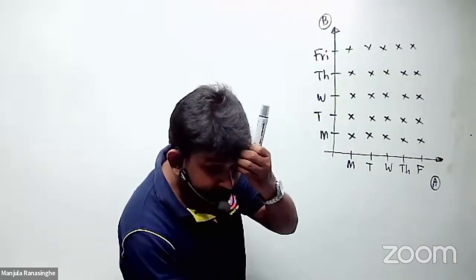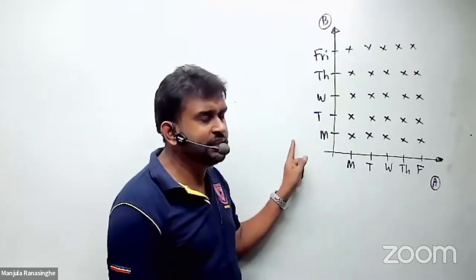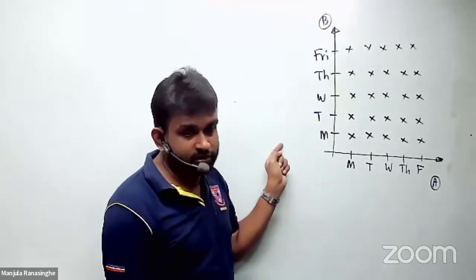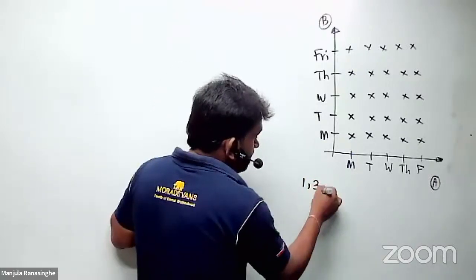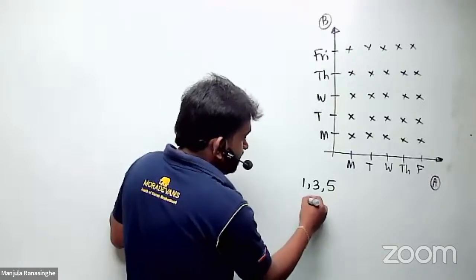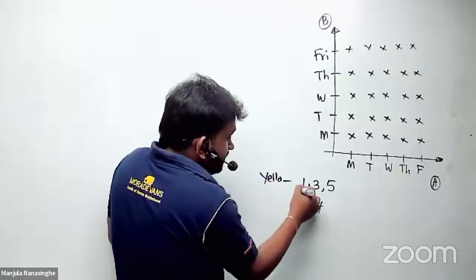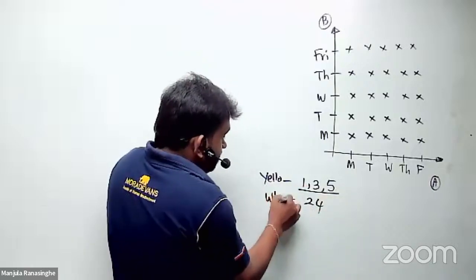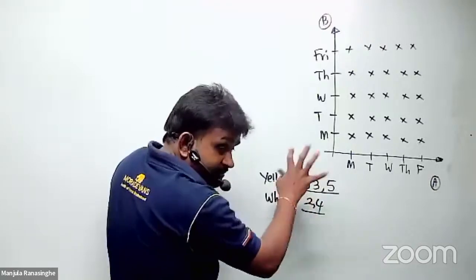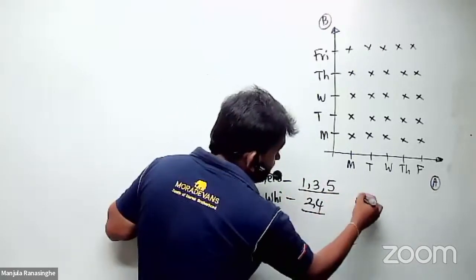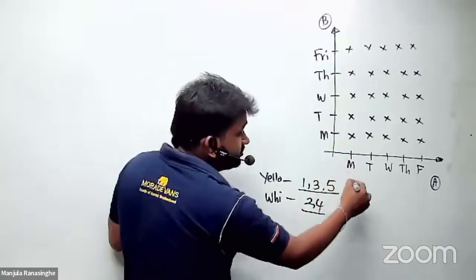Yellow probability, as I said, is for the odd numbers. There were three odd numbers: 1, 3, 5. The other numbers are 2 and 4. So there were three yellow colored parts and two white colored parts. The sample space total is 5. Out of that, how many yellow colored parts? 1, 3, 5, means 3 parts.